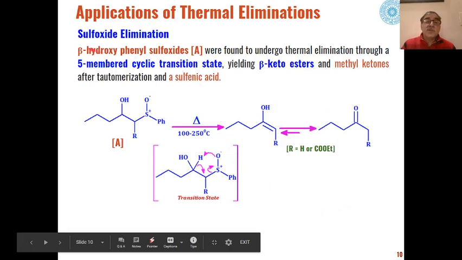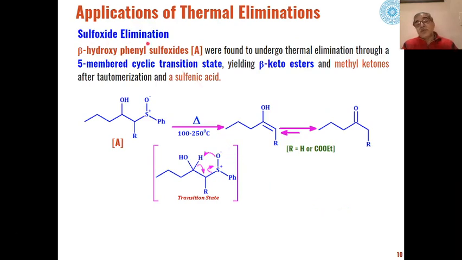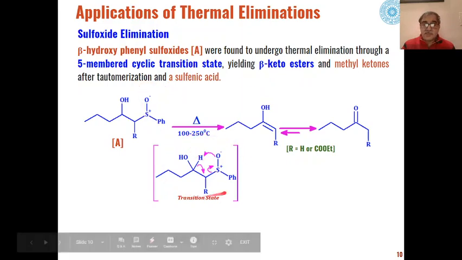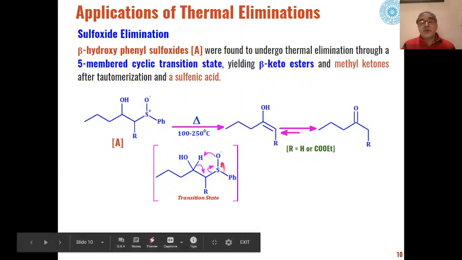Then there is sulfoxide elimination. In line with esters and xanthate esters, beta-hydroxyphenyl sulfoxides like these also undergo thermal elimination reactions, and the reaction takes place through this 5-membered cyclic transition state.